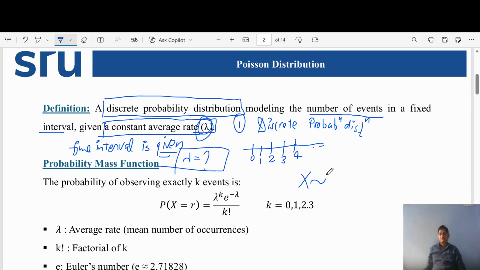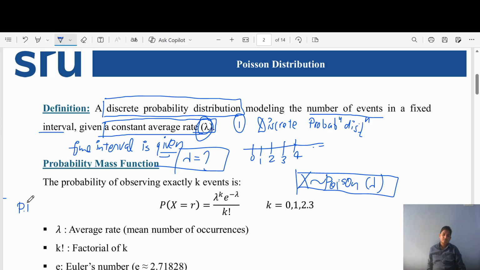So if x follows the Poisson distribution with parameter lambda, there is only one parameter, known as lambda. What is the probability mass function?